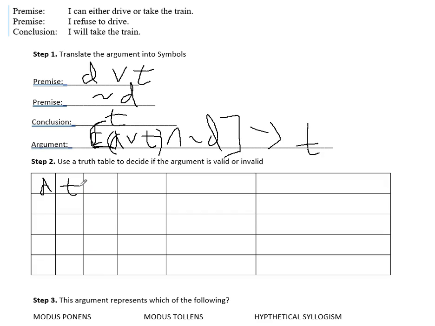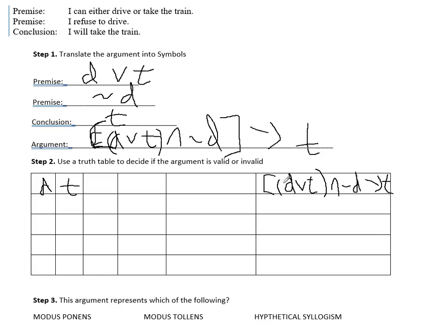And so we're going to look at all the possible cases for D and T. And to prove this argument, we need to know what the truth values are for all possible cases. So we have D or T and not D. Does that imply T?